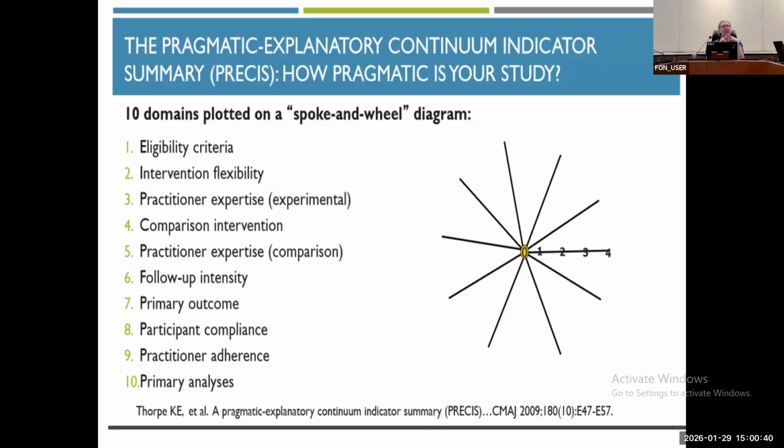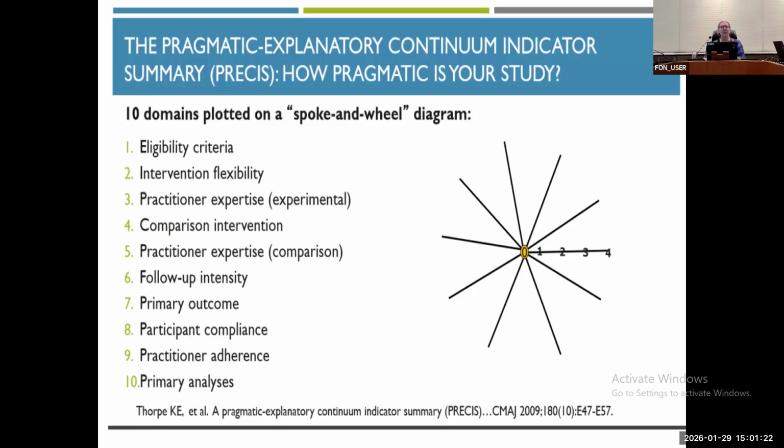Intervention flexibility. Am I really flexible, or am I saying, okay, you have to come to 7 sessions, and you have to come every week to my session? The practitioner experience: is this a nurse that you have trained to deliver the intervention, or is this someone in the clinic who can deliver the intervention? The comparison: is it a control condition, or is it more usual care?